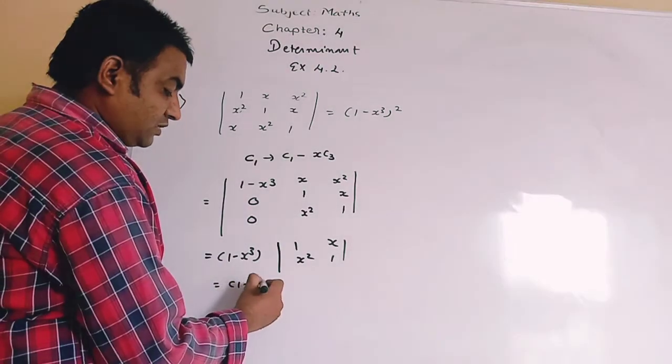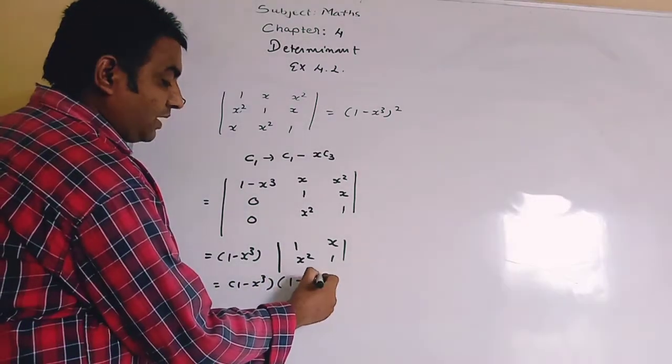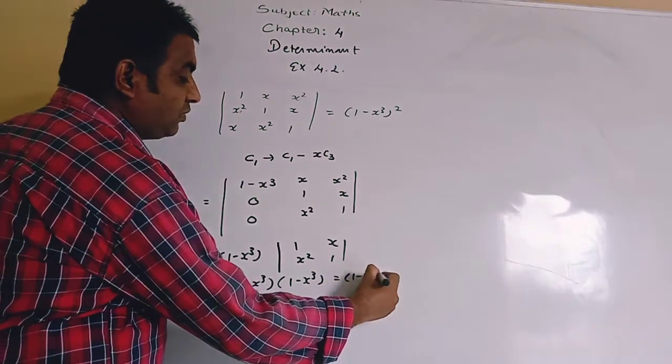So 1 − x³ into 1 − x³, two times we got, so it is (1 − x³) whole squared.